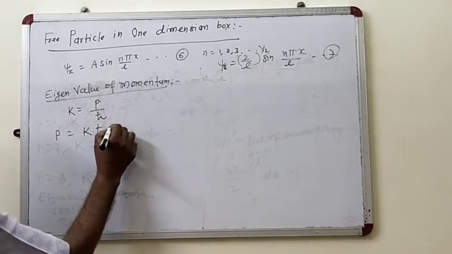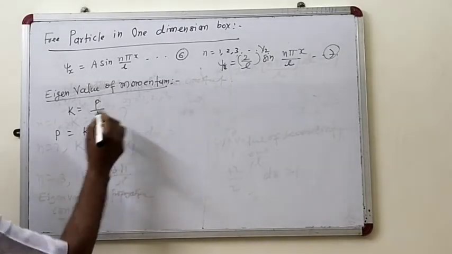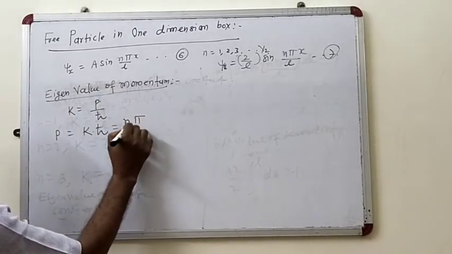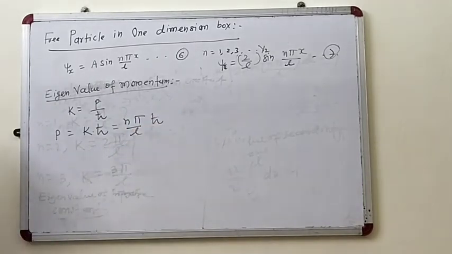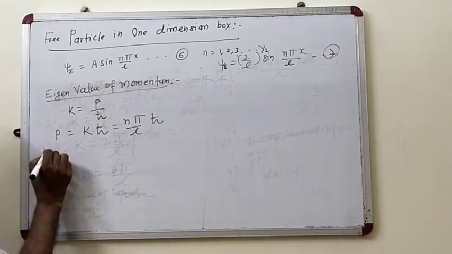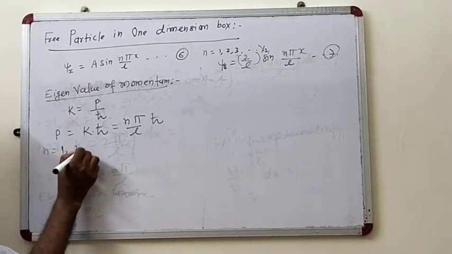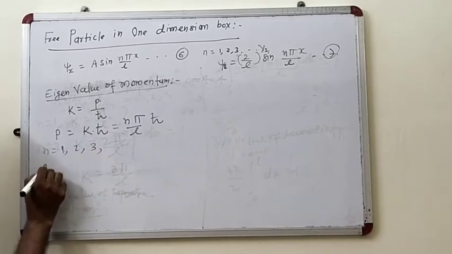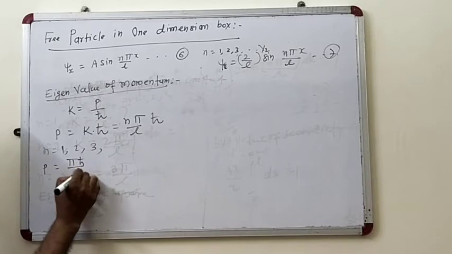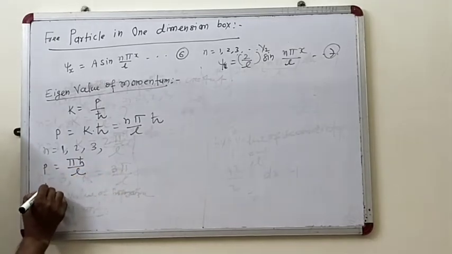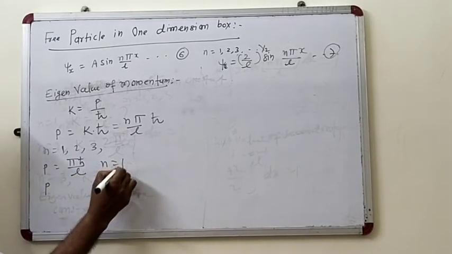We know k is n pi by L. Therefore, when we put n is 1, 2, 3, we get p equal to pi h cross by L when n is 1.